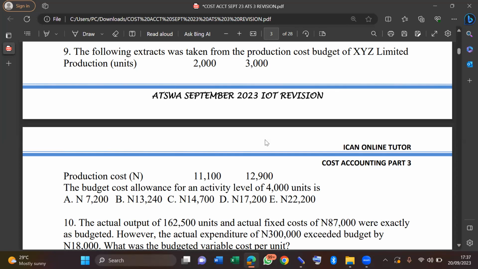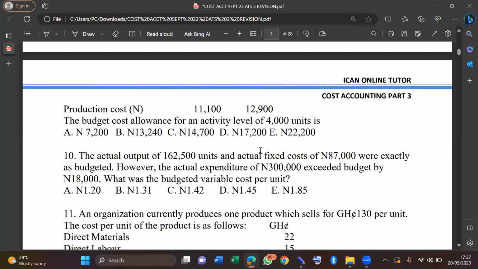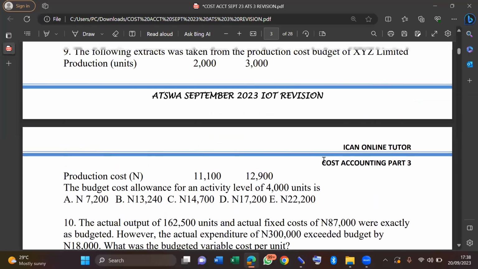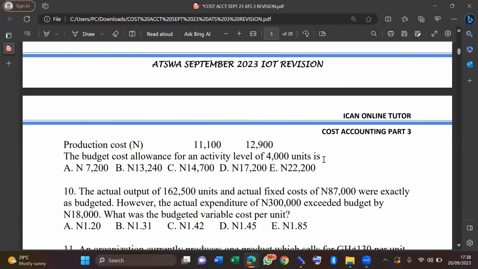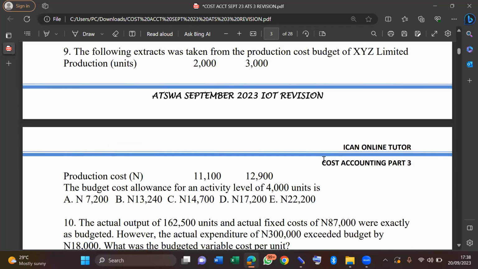A, 7,200; B, 13,240; C, 14,700; D, 17,200; E, 22,200.